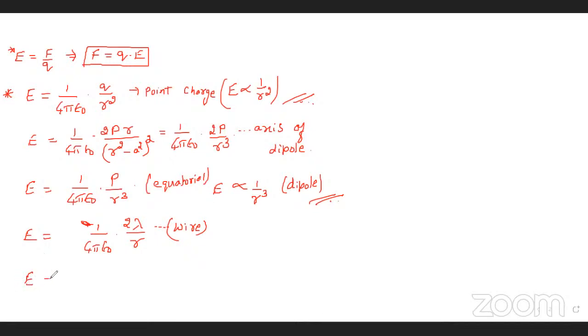What is the electric field intensity for plane sheet? For plane sheet, it is given by sigma divided by 2 epsilon naught. For spherical shell, electric field intensity is given by 1 by 4 pi epsilon naught into Q divided by R square.